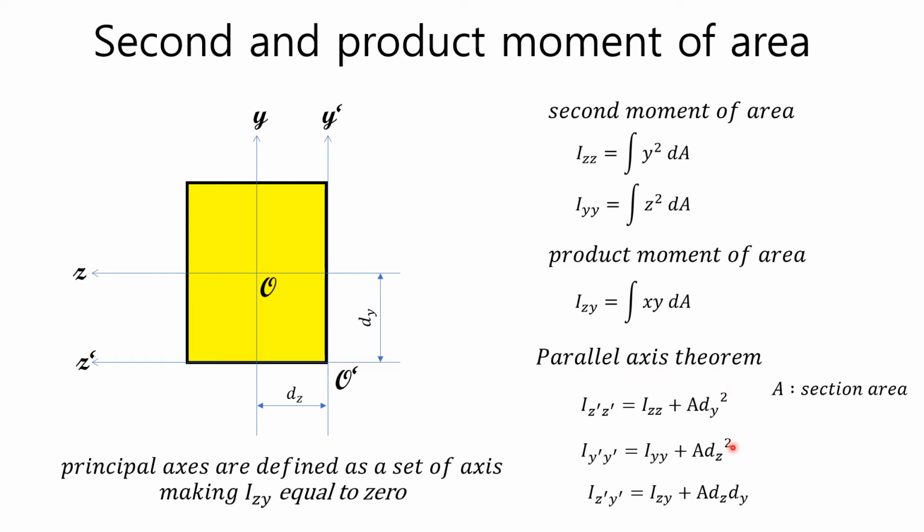This will be very useful to get the moment of area distance dz and dy away from the centroid. Another important property is principal axis. Principal axis is defined as a set of axes making product of area equal to zero.